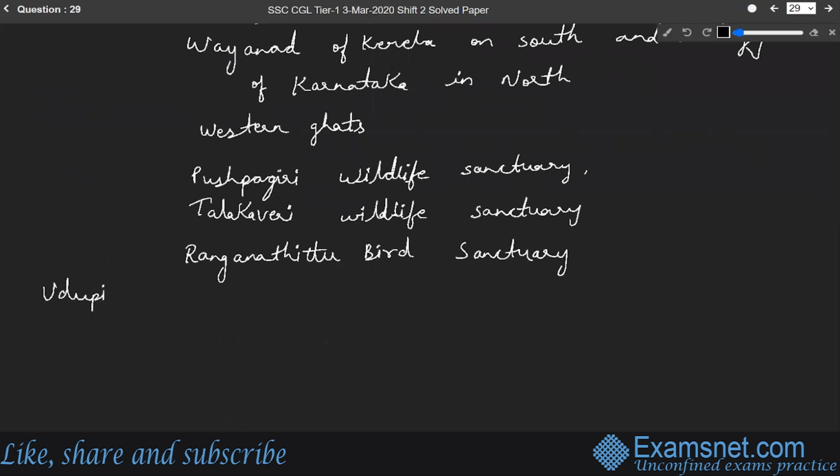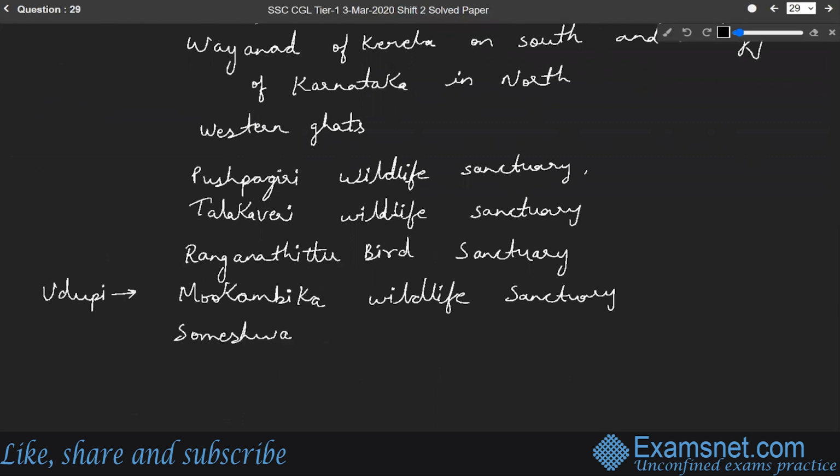In the district of Udupi, Mukambika Wildlife Sanctuary is located, and Someshwara Wildlife Sanctuary is located. These are the two famous sanctuaries located in Udupi.